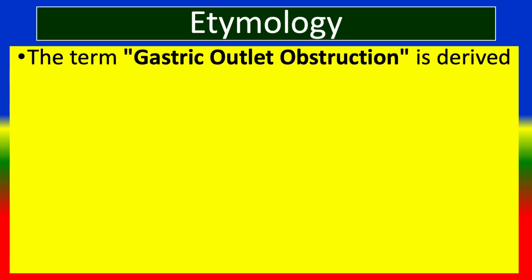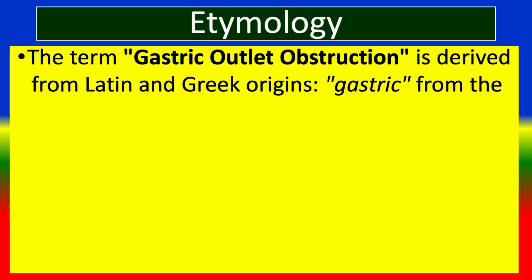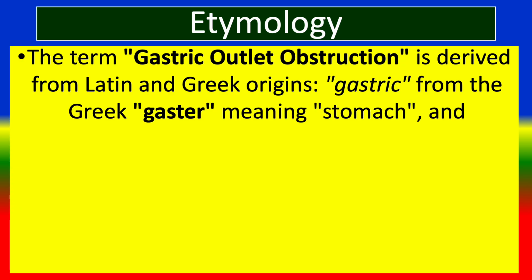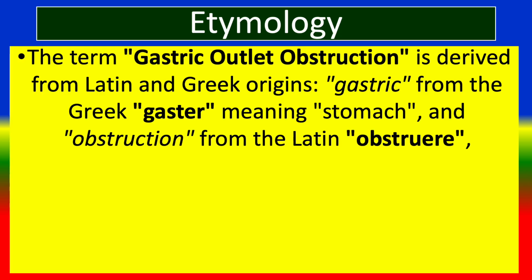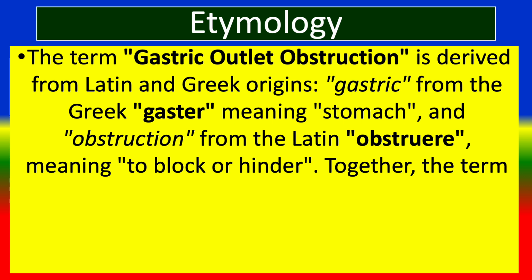Etymology. The term gastric outlet obstruction is derived from Latin and Greek origins. Gastric from the Greek gaster meaning stomach, and obstruction from the Latin obstructor meaning to block or hinder.